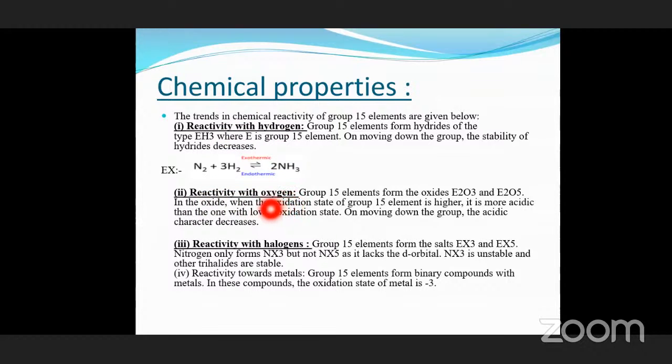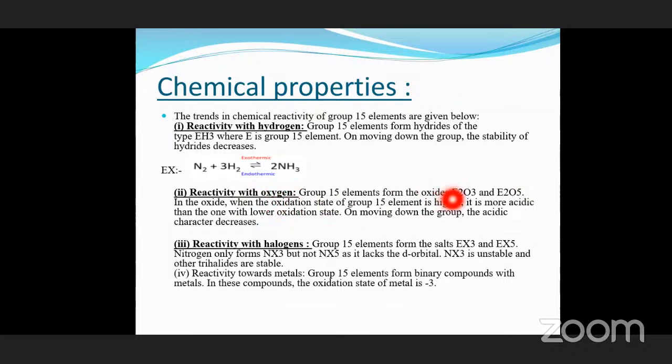Here when 15th group elements react with oxygen, they form E2O3 type as well as E2O5 type. E2O3 means trioxide, and E2O5 means pentoxide type products. So this is about the reactivity with oxygen.